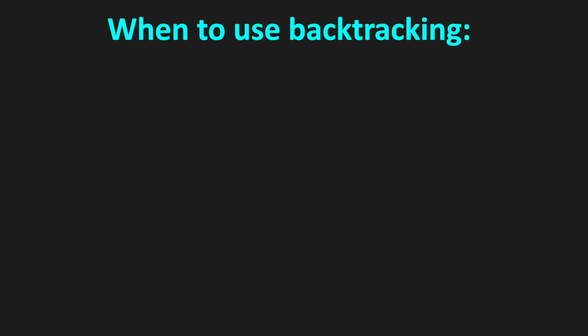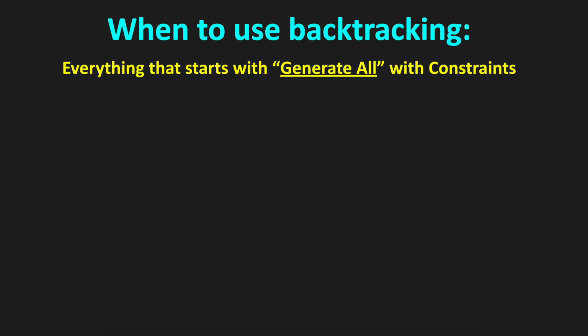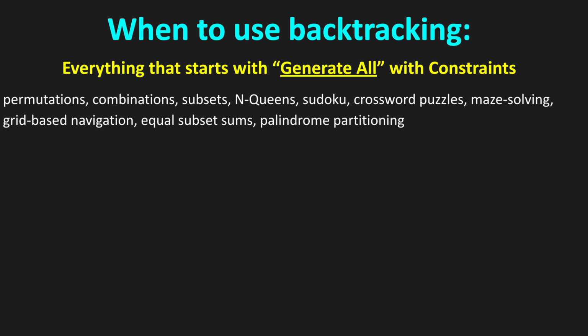When should we use backtracking? We use backtracking for any problem that starts with generate all with some constraints. For example, generating permutations, combinations, subsets, the n queens problem, where we need to position 4 queens on a chessboard without any of the queens being under attack.